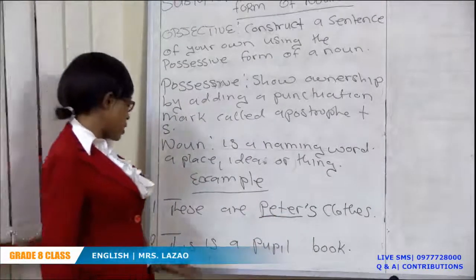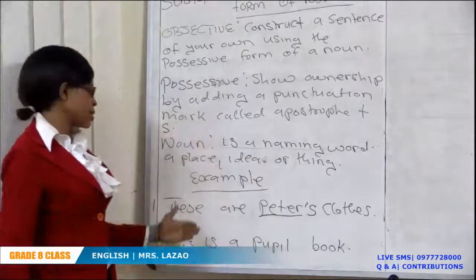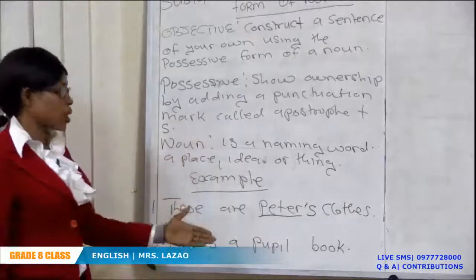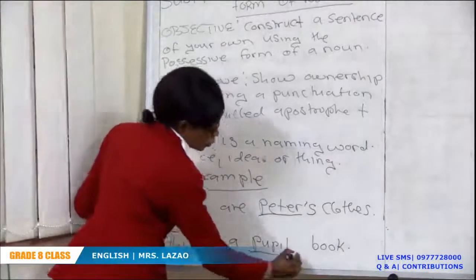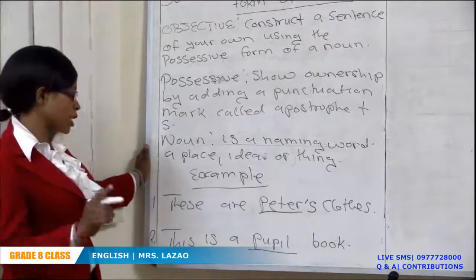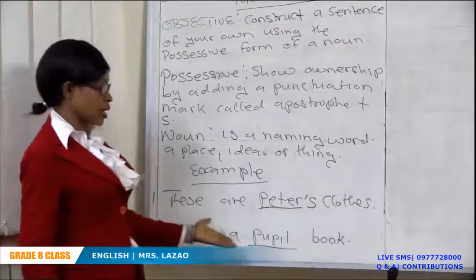Okay, the second one says, this is a MUBUYU book. Let's identify which one is a noun in this sentence. Okay, MUBUYU is a noun and it is a singular word. So let's show possession here.